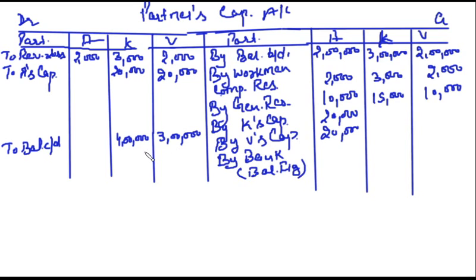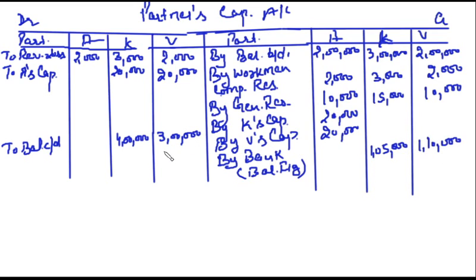Why? Because they are adjusting their capitals in their profit sharing ratio, and according to that the capital should be 4 lakh and 3 lakh. So whatever the balance in the capital account of the remaining partners is, they will have to bring in cash, or else they will be paid cash. In this case they will be bringing cash because debit side is more than credit side. Clear? How much cash they will be bringing? 1,05,000 and 1,10,000.